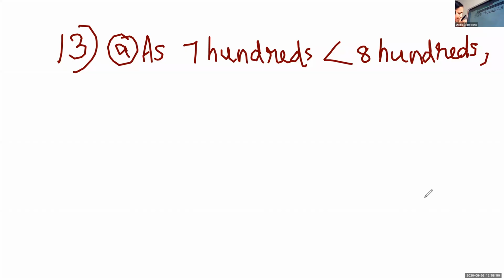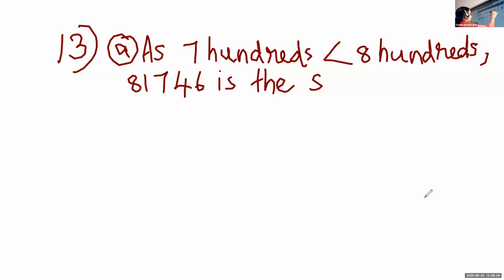Which one? 81746. Which is the question you have to find out? Smaller number. See, we are writing only one step because this is a short answer question. We have to write the reason. We compared 10,000 place and 1,000 place.